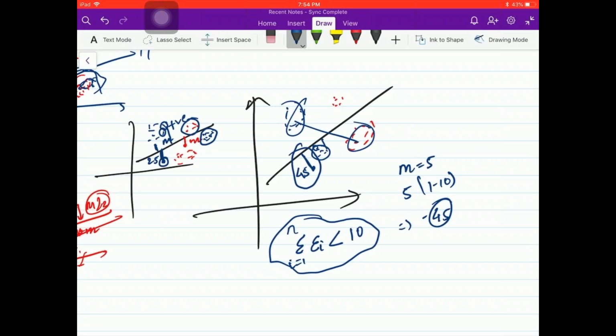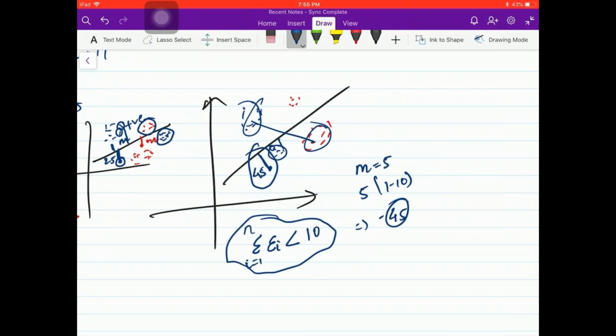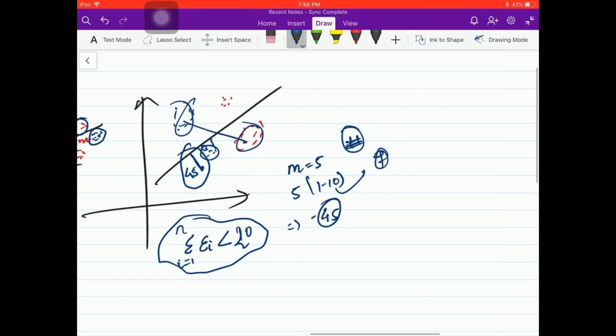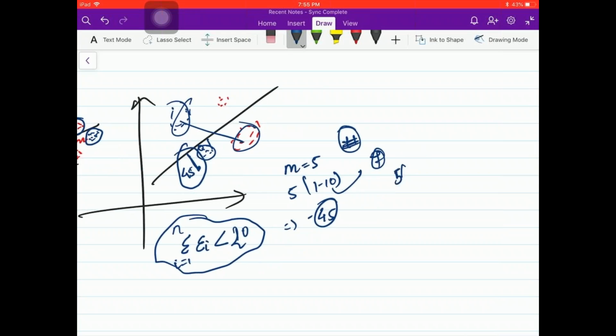Let's say this is 20, and I found another point which is, I already took 10, let's say I just have 7. So m is 5, so 5 times 1 minus 7, minus 30.